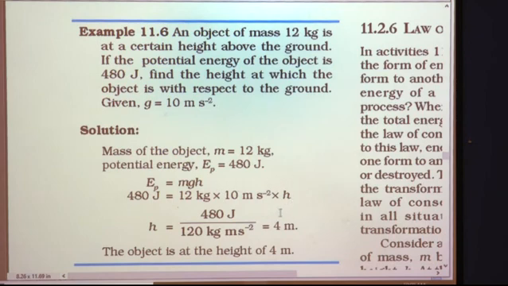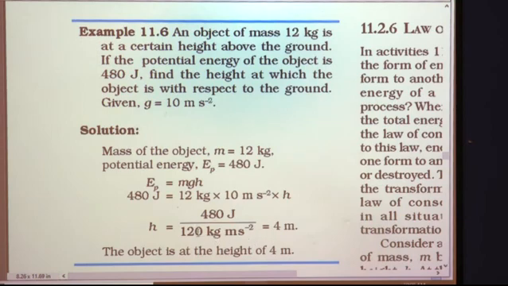Just rearrange the formula. So 12 kg into 10 meter per second square. Multiply both terms, 12 into 10: 12 tens are 120. Take it to the left hand side, it will get divided into 480. So the h value is 480 joules divided by 120 kg meter per second square. All these units you have to write as they are. Now do the cancellation.